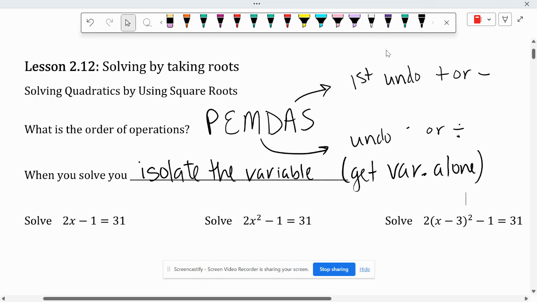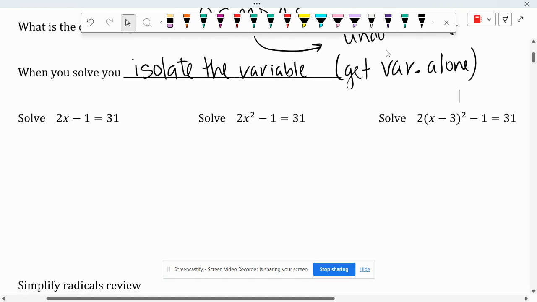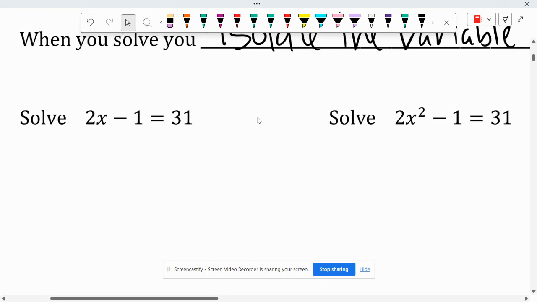So I have 3 very different equations here. The first one, Chandler, are you taking notes with us? Okay. The first equation, 2x minus 1 equals 11. So I wanted to isolate the variable and solve that equation.